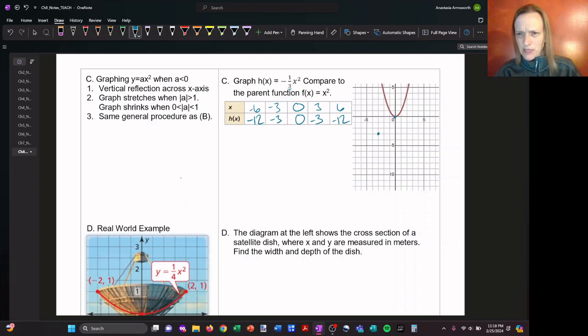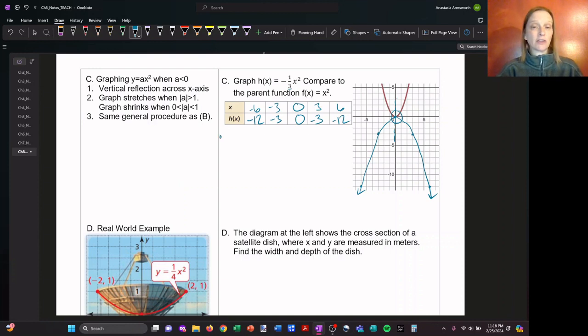And when I plot these points on my graph, I end up with a downward facing parabola that looks like this. Notice my vertex is the same, my axis of symmetry is the same, but this time my parabola opens downward.